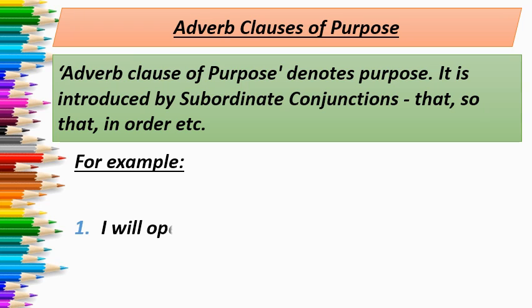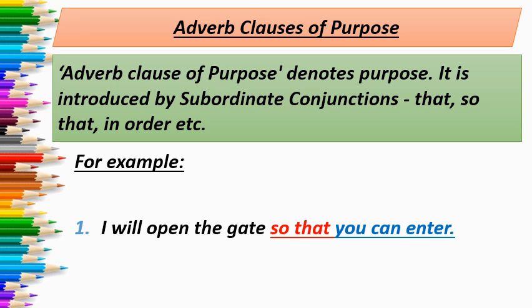Number 1, I will open the gate so that you can enter. So here I will open the gate is the main clause, so that you can enter is the subordinate clause.